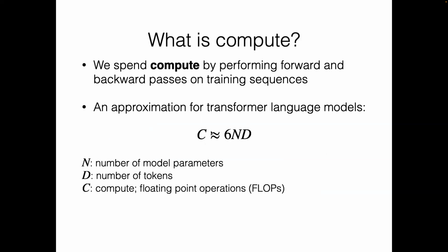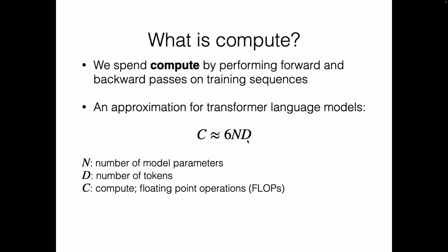And it turns out that you can come up with a rough approximation of the amount of compute that's used when you're pre-training a model. And what it says is the amount of compute that you have, in terms of floating point operations, is approximately equal to this magic number 6 times the number of model parameters times the number of tokens in your training corpus.